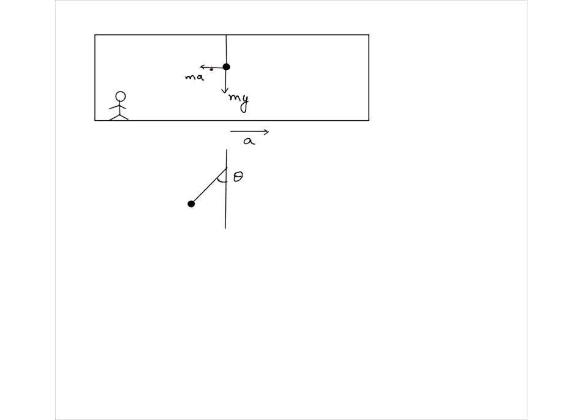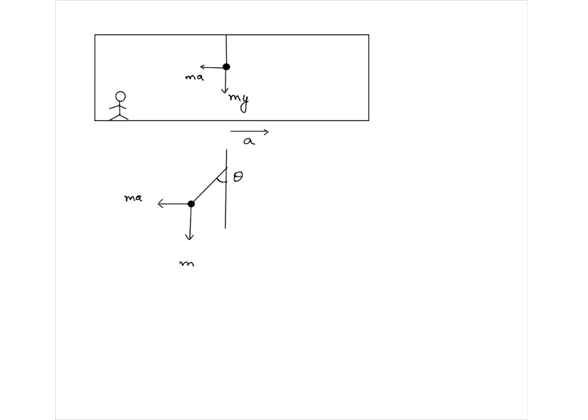For this observer, it will permanently look here. This bob will permanently look like this. So this observer will say that the bob is at rest. Bob is not accelerating. So the net force on the bob of the pendulum should be 0. So this observer will say that there are two forces. One is the pseudo force and the other one is the gravitational force.